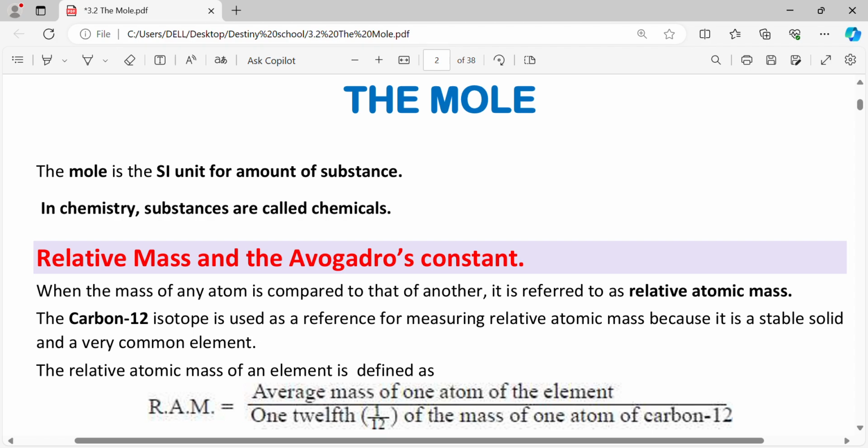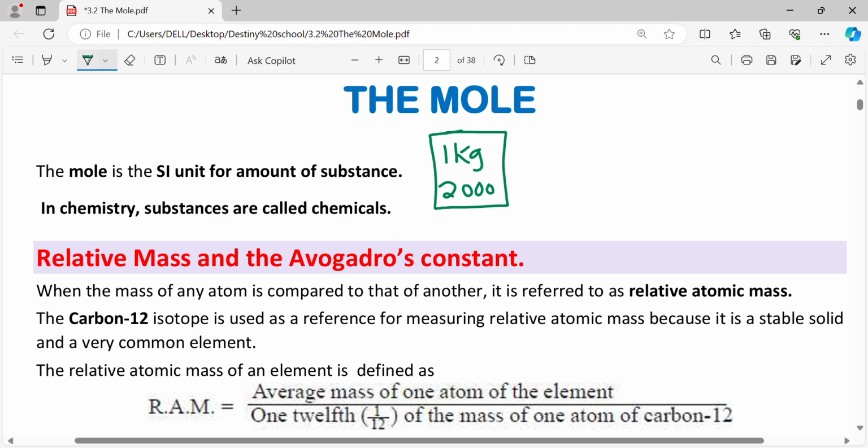For example, let's say, and this is not an exact figure, 1 kilogram of rice. If you count those grains, sometimes you can have maybe 2,000 of those grains. So maybe 2,000 grains of rice gives us 1 kilogram.